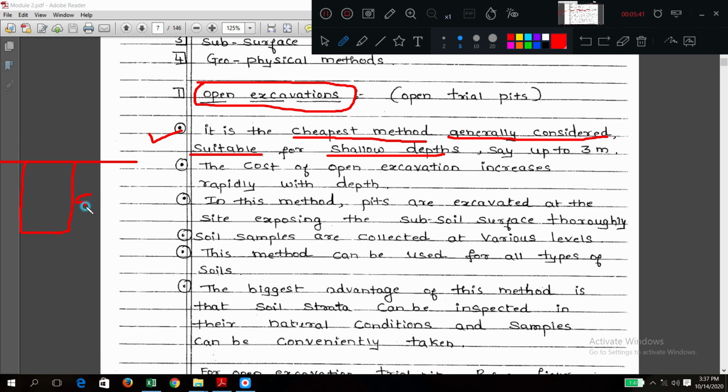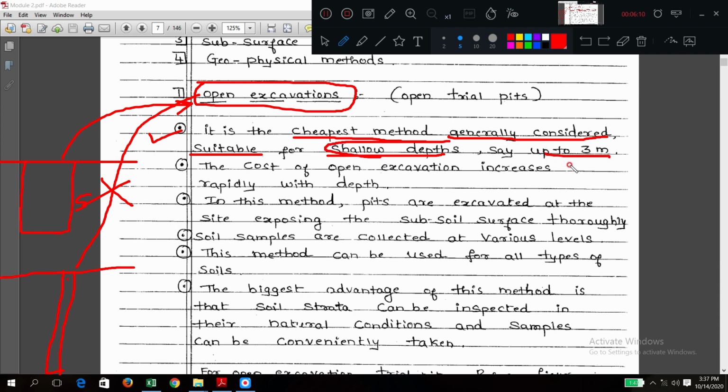For only shallow foundation, open excavation is suitable. There is one type of foundation which we generally call pile foundation, which is very deep. For this type of foundation, open excavation is not suitable to explore the condition, because it is only suitable for shallow depth up to 3 meter.